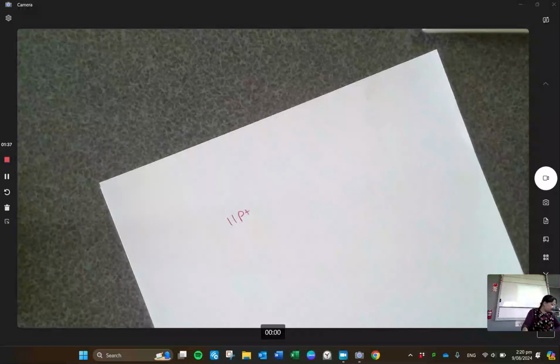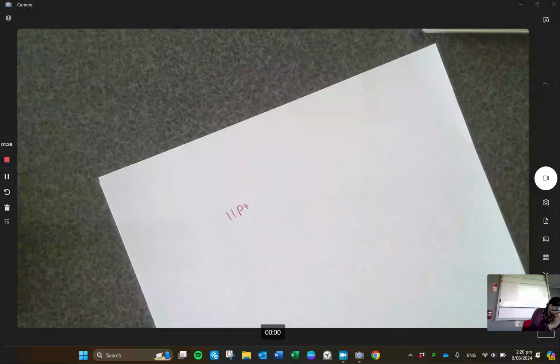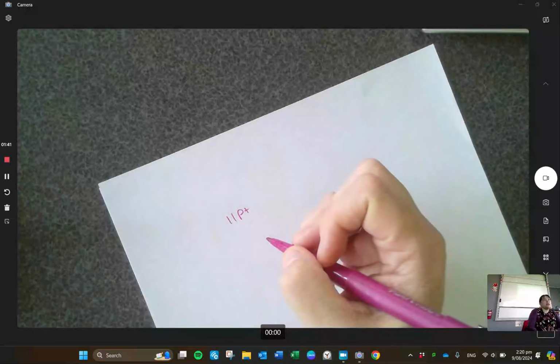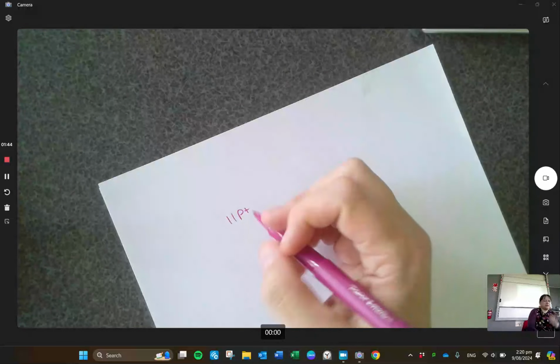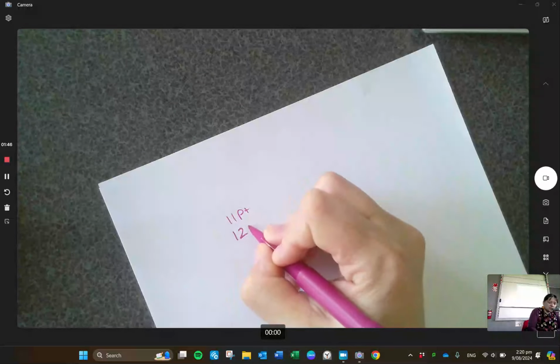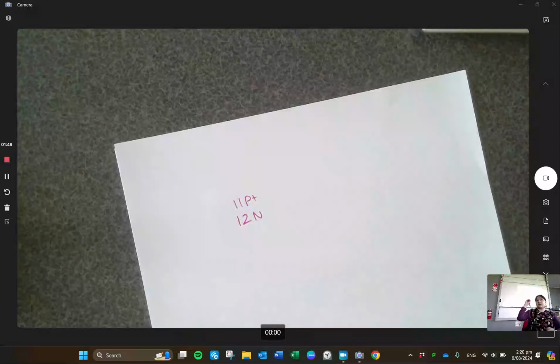Check atomic mass. Yes. Its atomic mass is 23. So since its atomic mass is 23, that means that the neutron number is 12. Are you guys okay with how I got that? 11 plus 12 is 23. So that's the atomic mass. The atomic number is the number of protons because that's unique to the element.